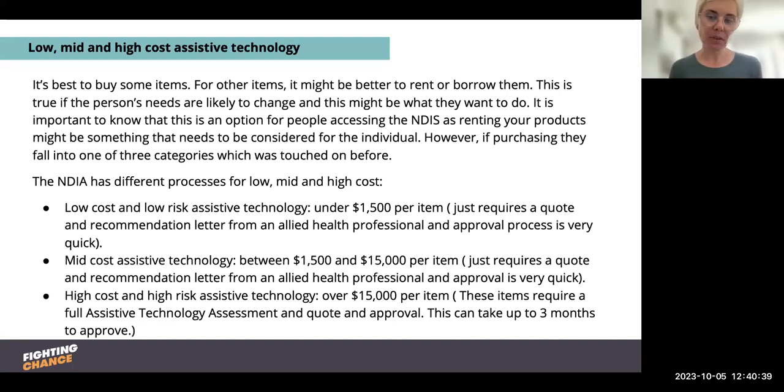When it comes to mid-cost assistive technology, so between $1,500 and $15,000 per item, it also requires a quote and recommendation letter, and the approval process is now very fast with that. The top of that is $15,000.